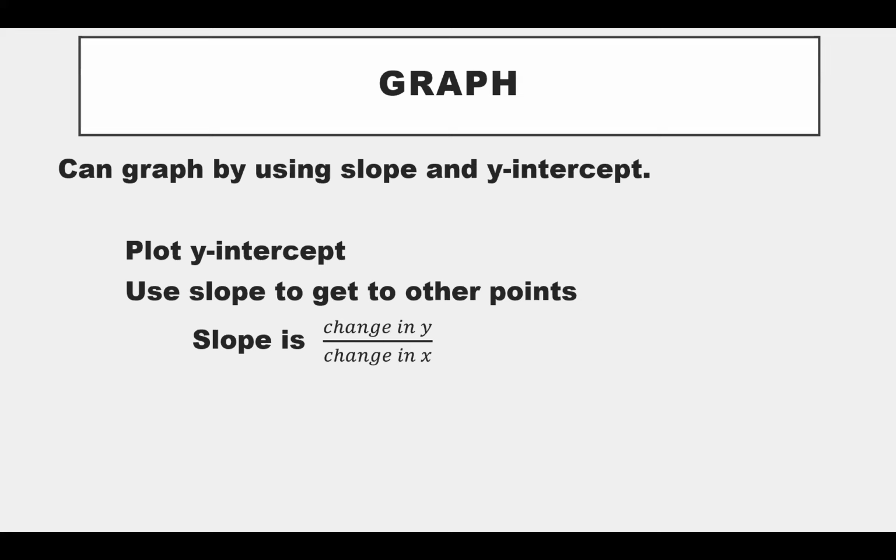Now, I haven't mentioned slope a lot yet, but slope of a line is the ratio of the change in the y value to the change in the x value, going from one point to the next. So we think of slope as change in y divided by change in x.